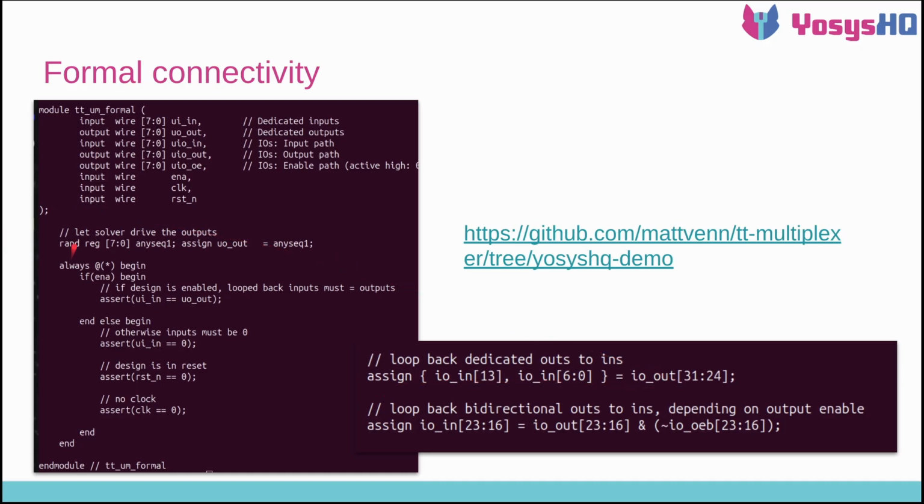We let the solver drive the output. So those signals propagate through the multiplexer, get looped back, arrive at the input, and then we assert the inputs of the outputs. And we also have bidirectional pins here, and those are handled in a very similar way down here. So if you want to check out the source here, you can take a look at this link.